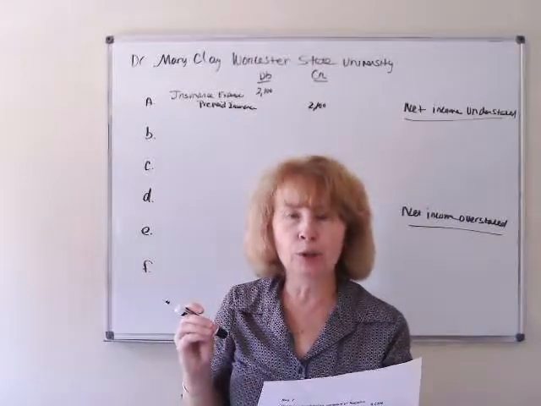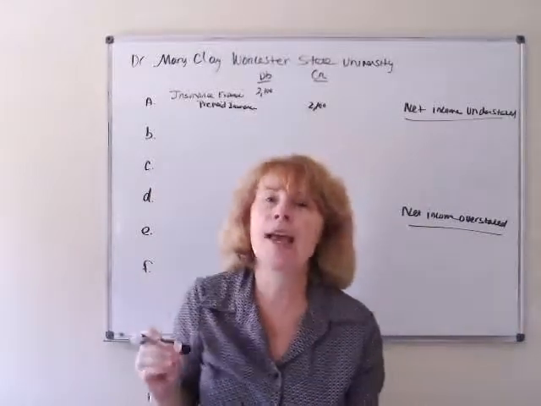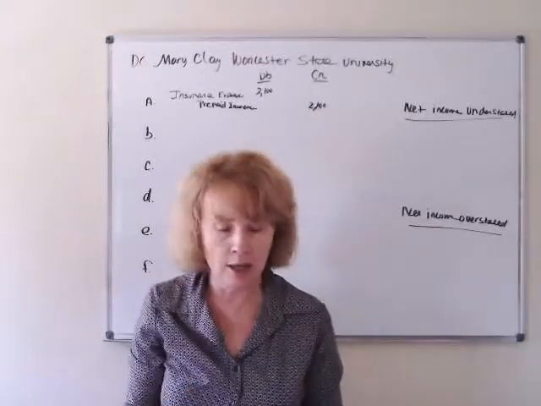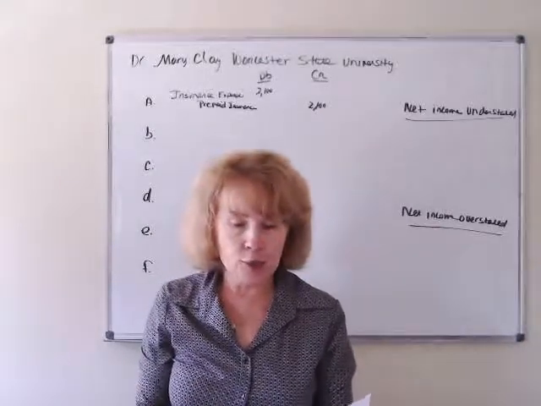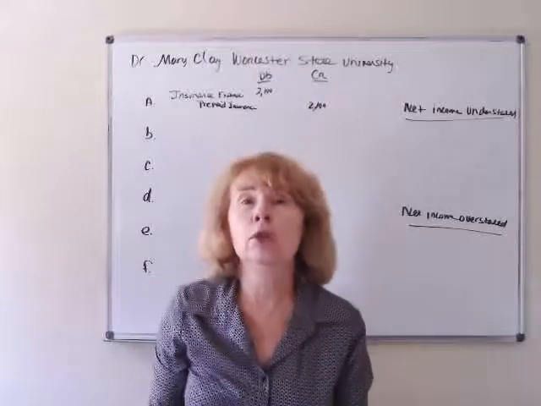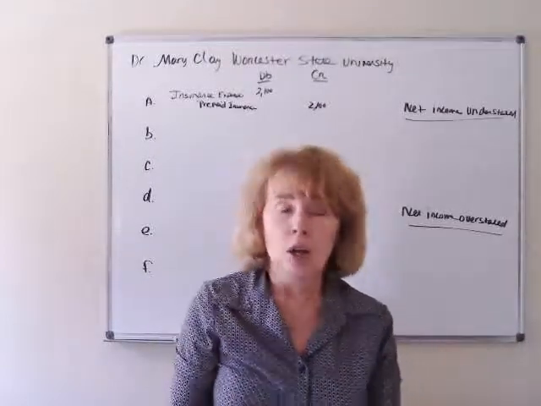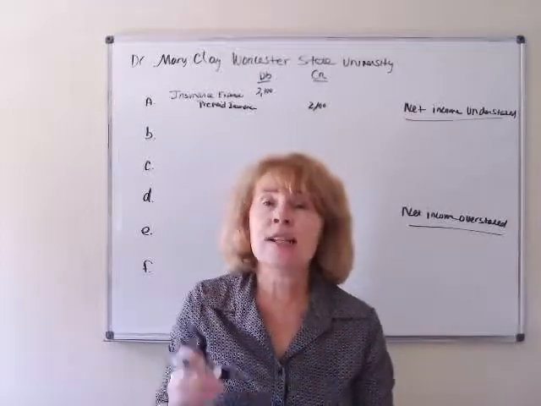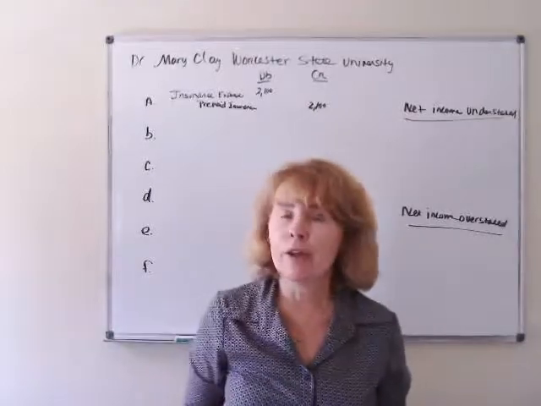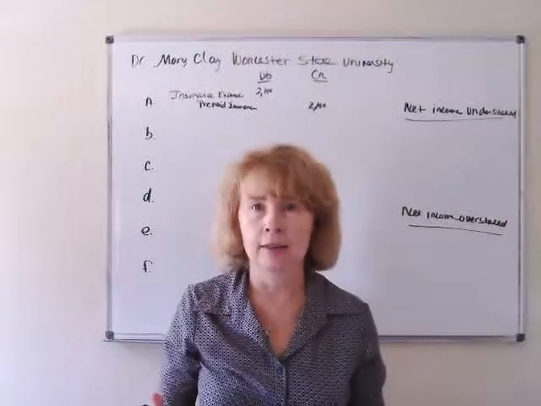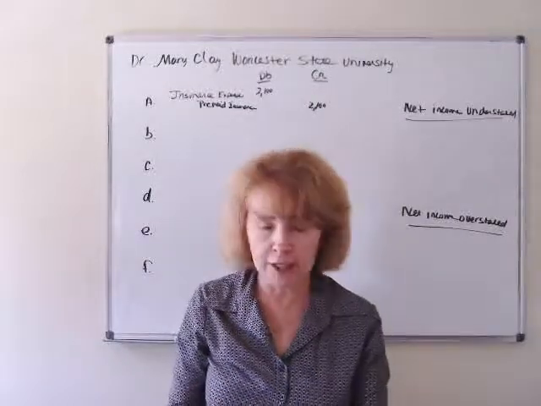Interest revenue accrued $2,500. Okay, they didn't make you figure out the interest. Later on, I'll show you how to do that. They just said interest accrued, so you're going to make the accrual for interest. Interest revenue. Now that's different than interest expense. Interest revenue is a good thing. That means you're going to receive interest.